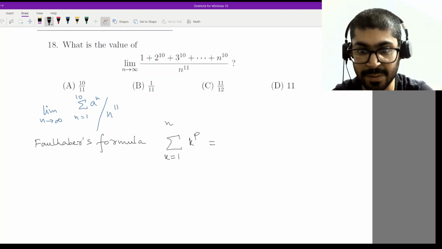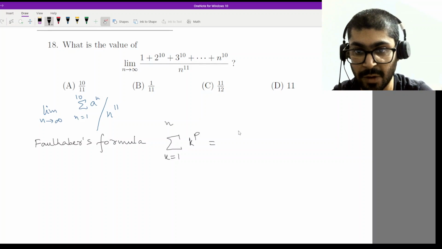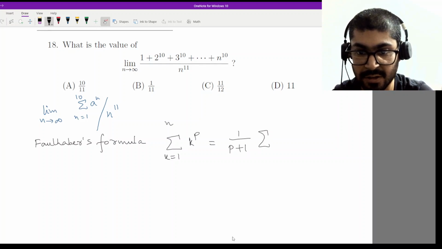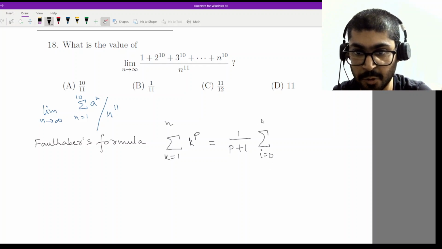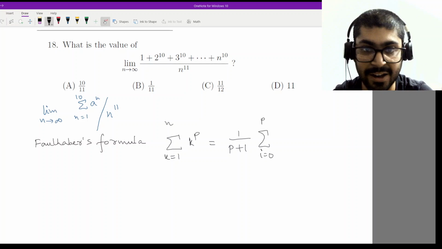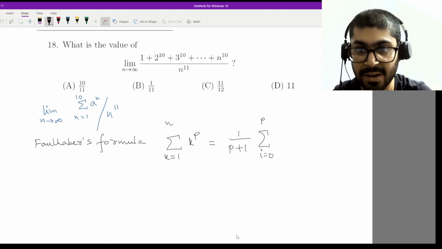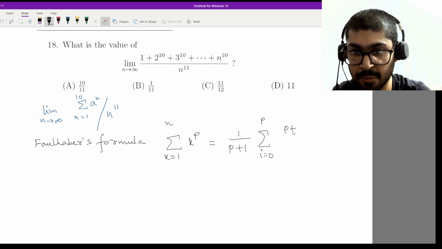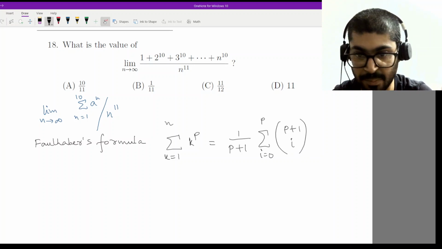So this sum will be represented by 1 by p plus 1 sigma i equals to 0 to p. Remember the limits, i equal to 0 to p. This is p plus 1 choose i. So these are the combinatorial terms.